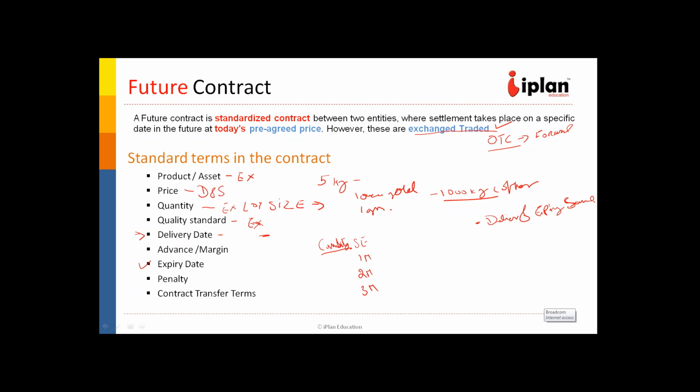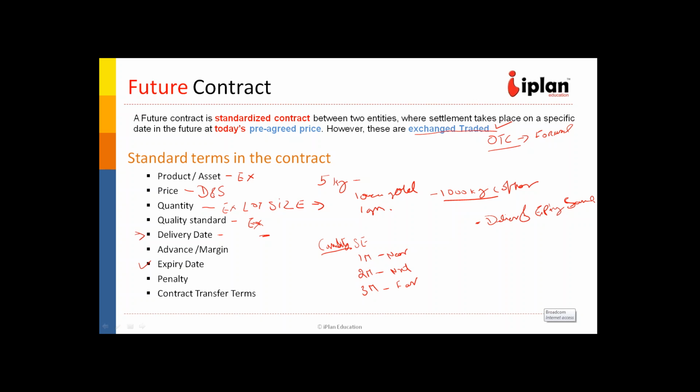That is not fixed here. And the 1 month contract is also referred as a near month contract or the current month contract. Second month contract is referred as next month contract, and third month contract is referred as a far month contract.